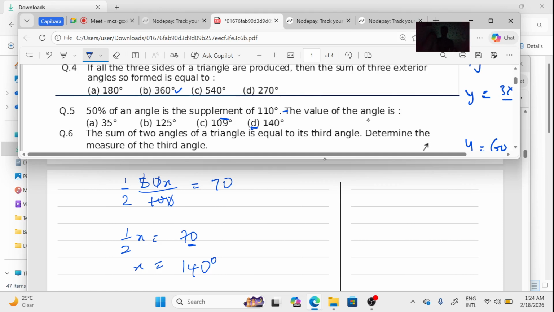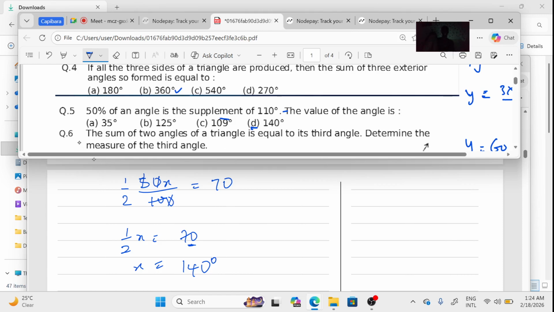But they are asking that there is an angle such that when you get 50% of the angle, what you have is the supplement of 110. So 50% of the angle plus 110 will give you 180. That's how to resolve it, and that was what I did earlier.